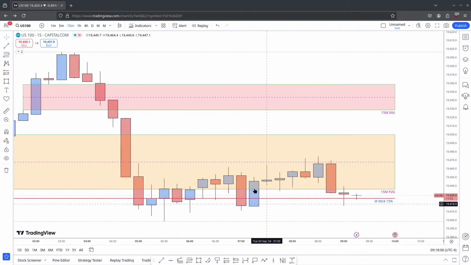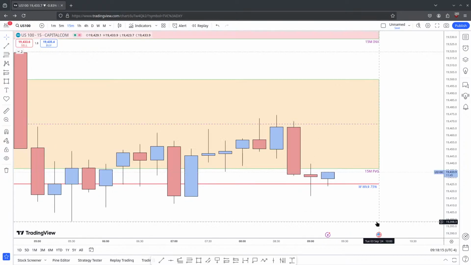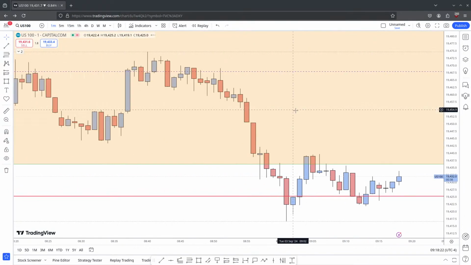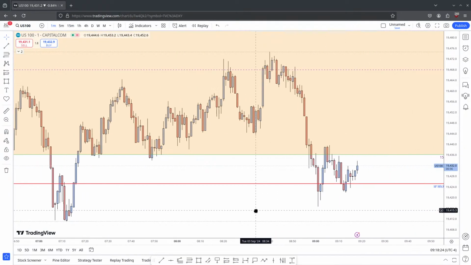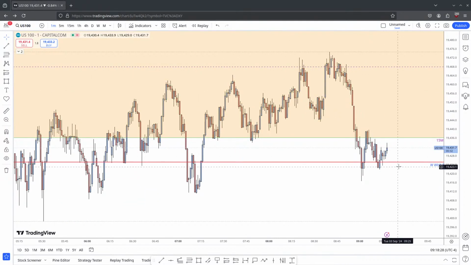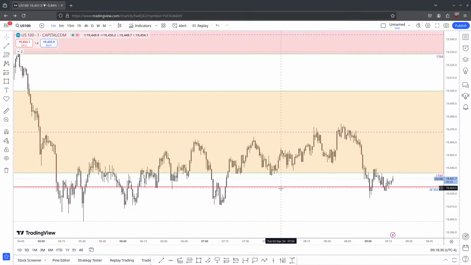There we can see that wick. I like how we traded into that, and we have been slowly gravitating higher. So I'm watching this wick. 75%. That's about that for NAS. There's your inefficiency. I'm looking at a market maker buy model in here to form potentially.